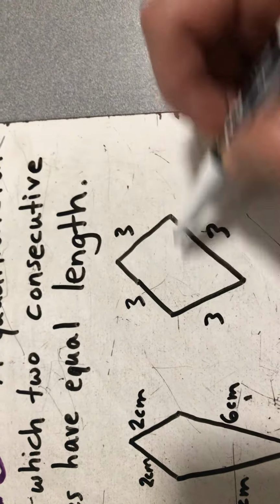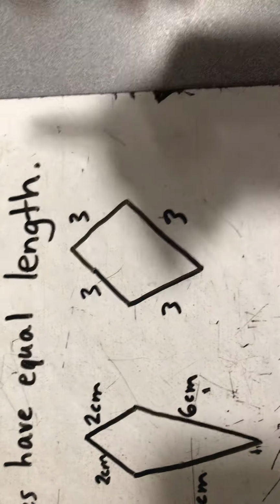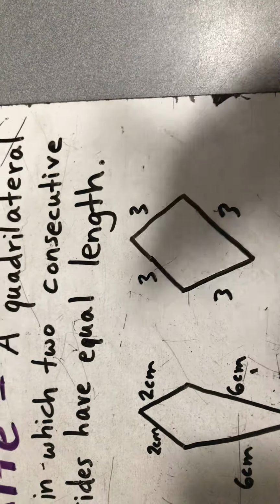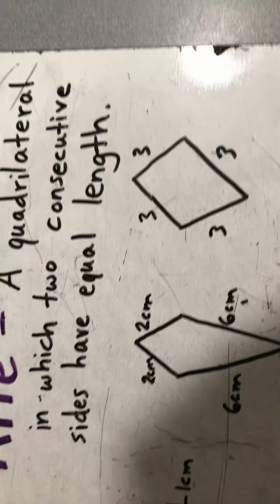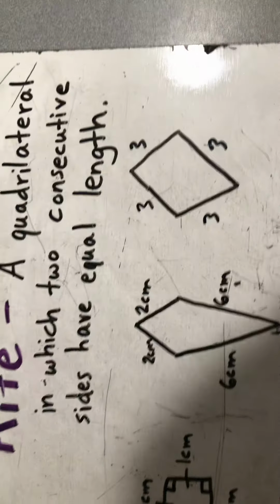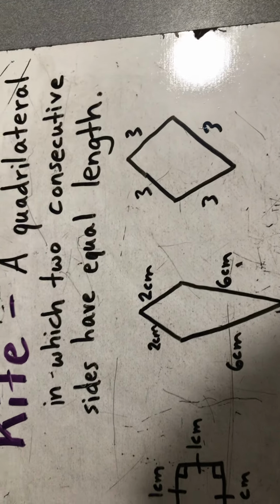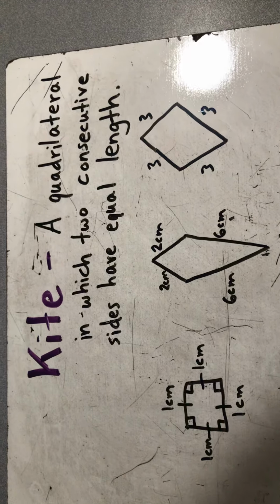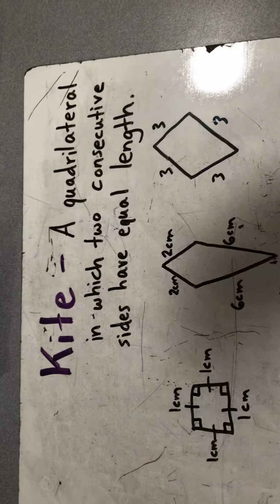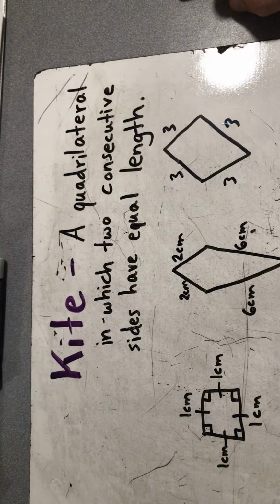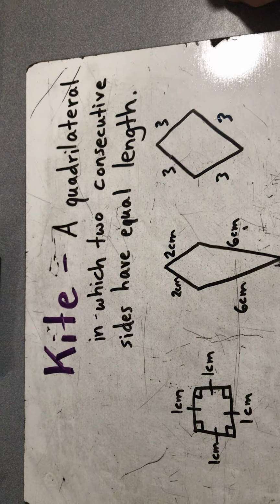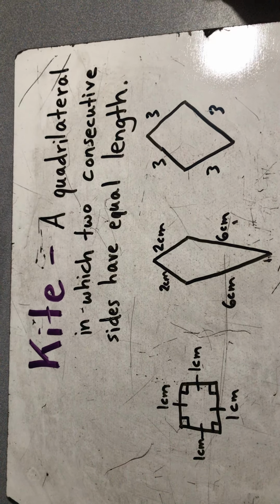If these aren't 90-degree angles, that's why it's a rhombus. Technically, that's a kite because it has two consecutive sides of equal length. So that's just an interesting fact about these types of figures and how their definitions come into play in the math world. That is the only new figure I have for you today, kids.